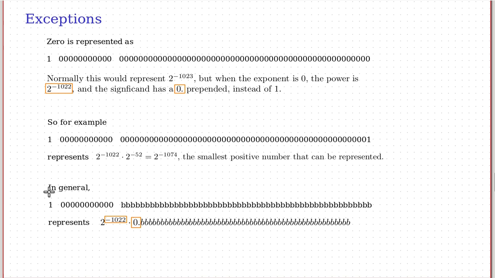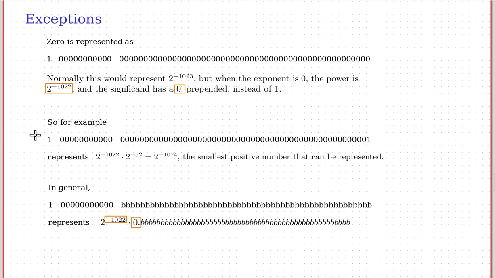So, just to reiterate, in general, when the exponent bits are all zeros, then, contrary to the usual rules for the format, the power is 2 to the negative 1022, and we multiply by not 1 point, but 0 point, followed by all the significand bits. Okay? So that's one exception.